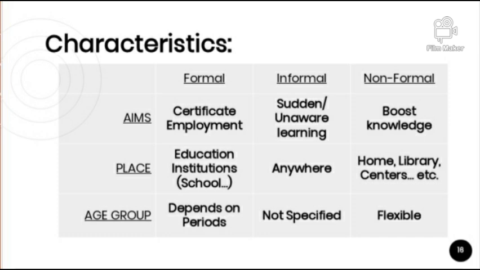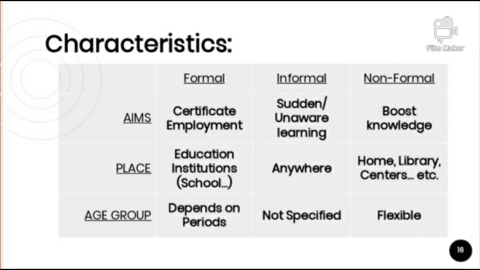Okay, concerning the age group, formal education, it depends on periods. For example, in primary school, we have specific age, and in the middle school, we have specific age as well, and in high school, we have specific age from, for example, 13 to 17.